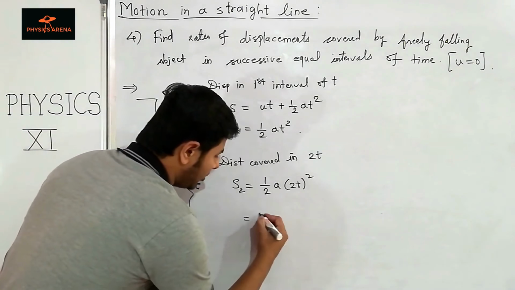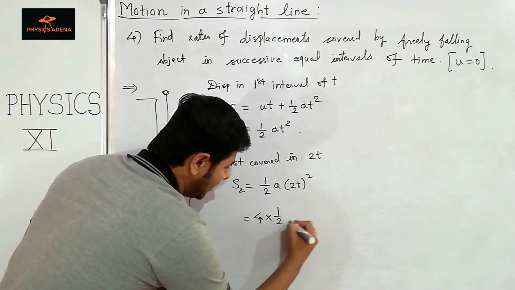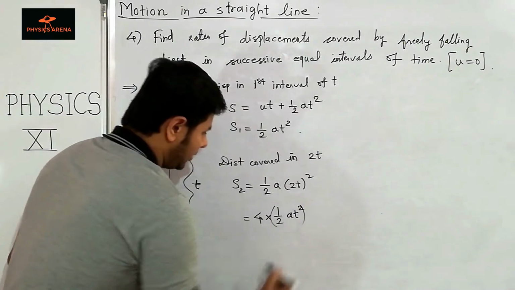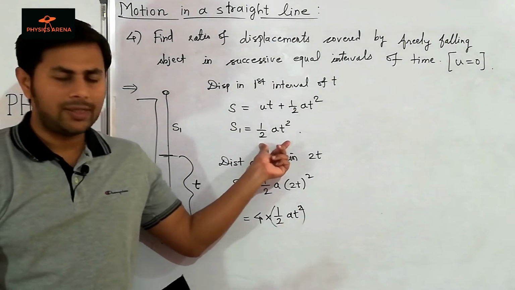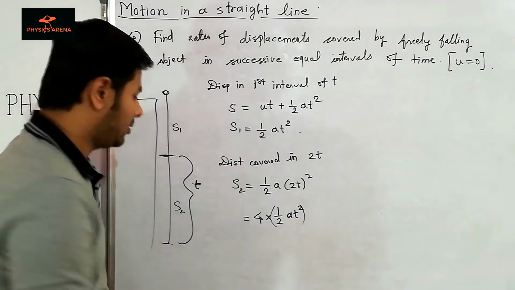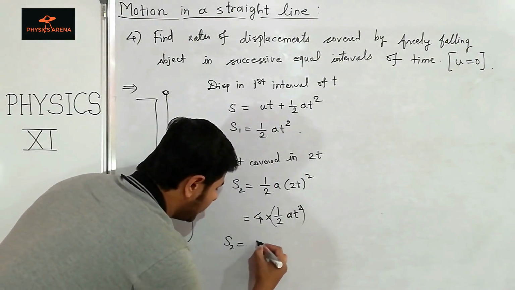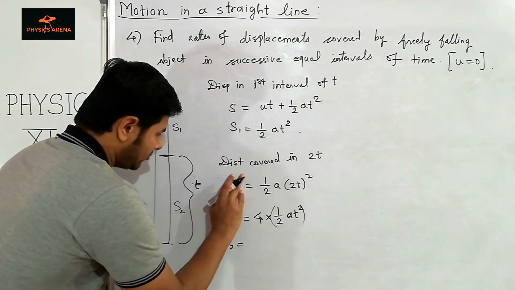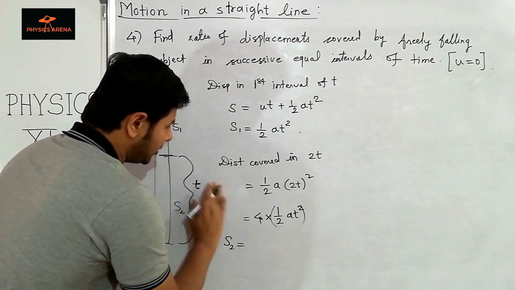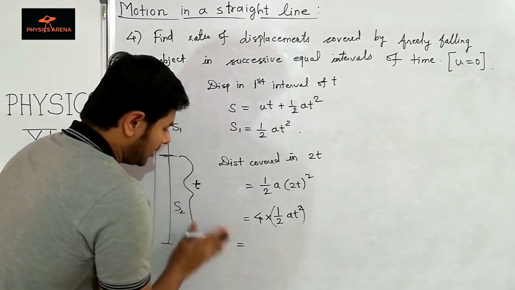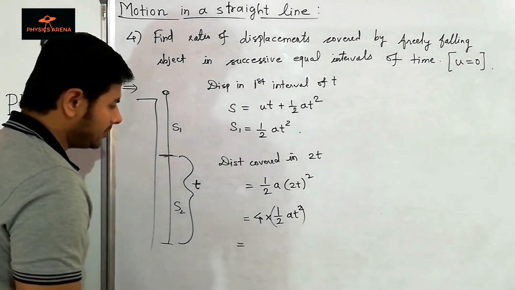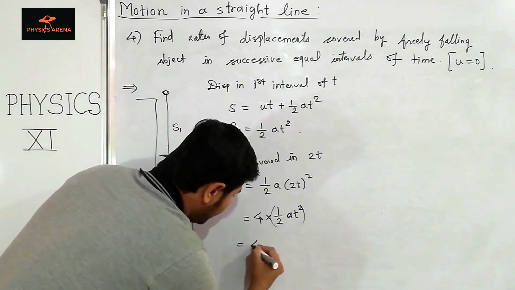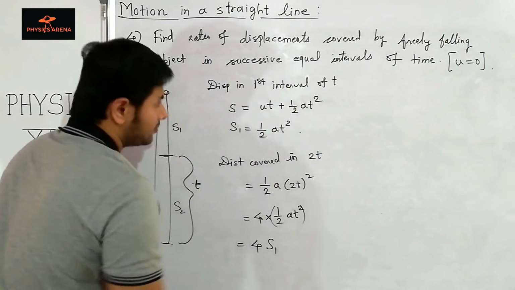So it is 4 times half of at squared, and we know that half at squared is s1. I will not denote it by s2, it is just the distance covered in 2t.